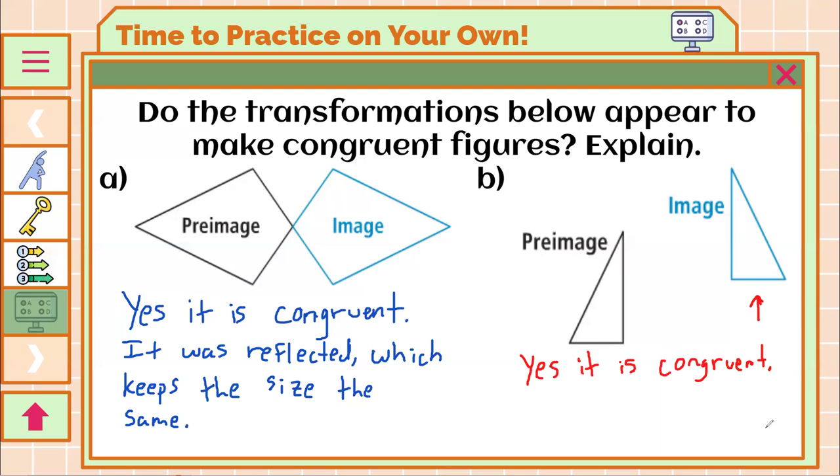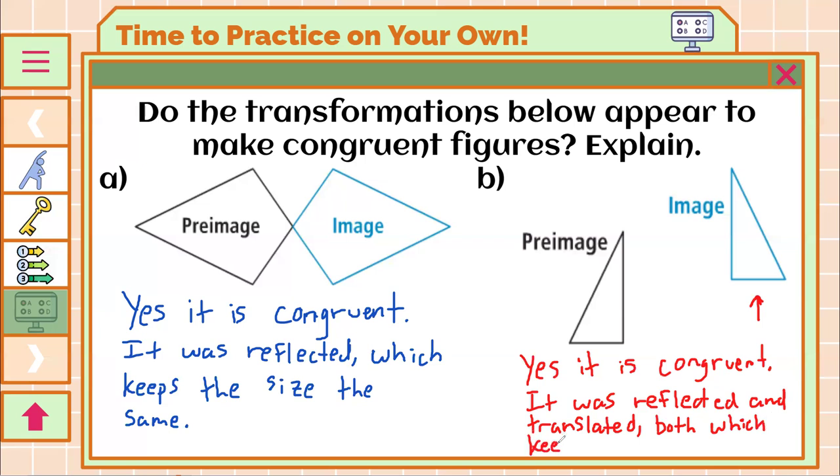Again, they didn't say to explain. Your explanations can be different, but I would say that it was both reflected and translated. They flipped it and then they slid it over. Both of those keep the same size.